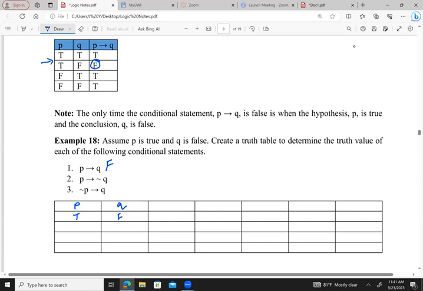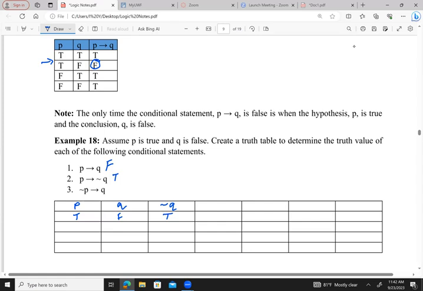Okay, then we're looking at P then not Q. And all we're looking at is one particular example, when P is true and Q is false. So P then not Q would then be true here. So true then true, this is a true statement.